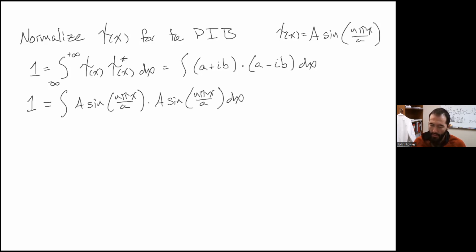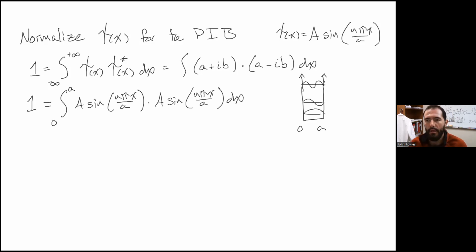Notice to integrate, we need to integrate over all space. For the particle in the box, we don't need to do all space, or a better way to say it maybe is all space is from 0 to a. Remember, here's 0 to a for our particle in the box wave functions. Those are the boundary conditions. So here's the n equals 1, n equals 2, n equals 3 level.